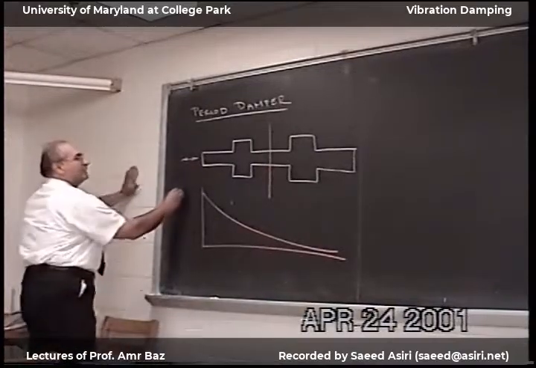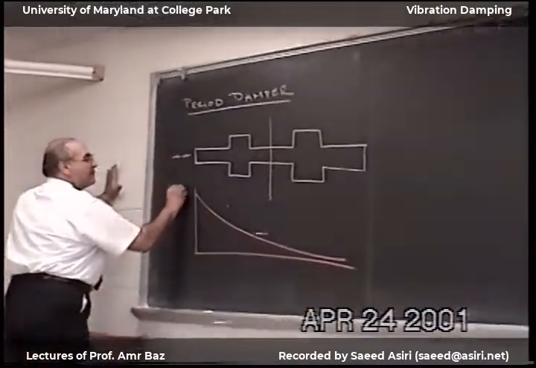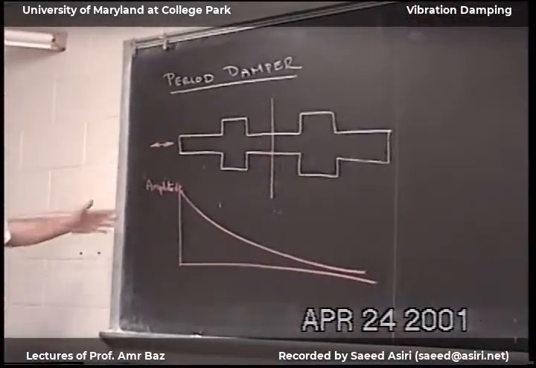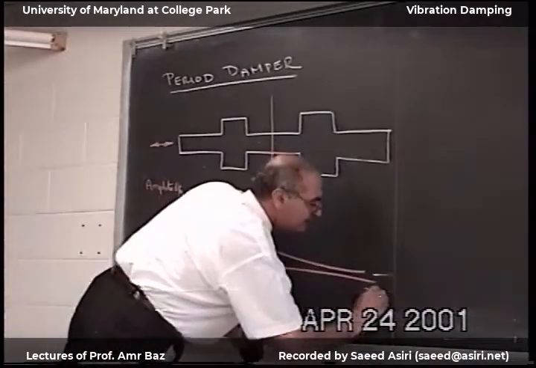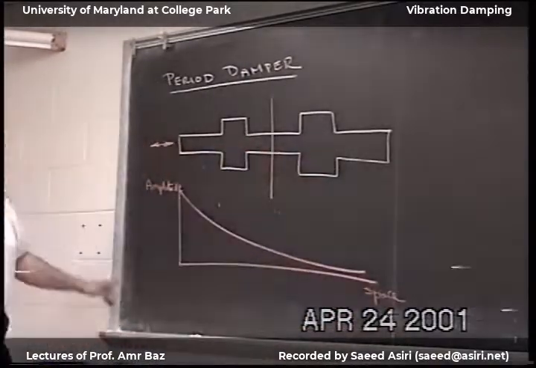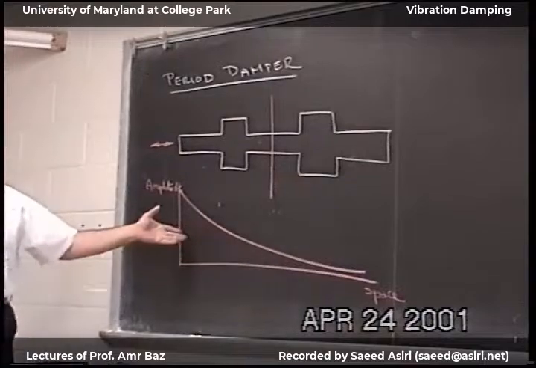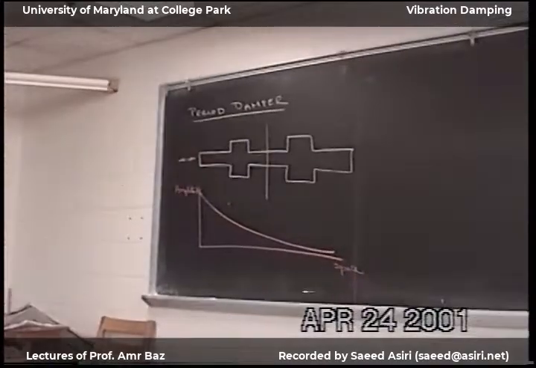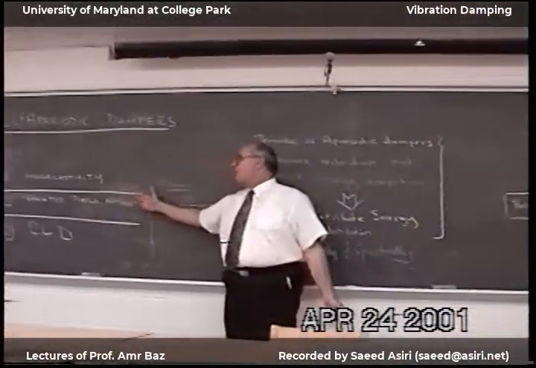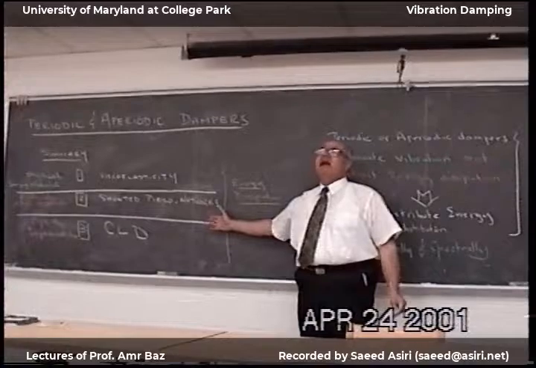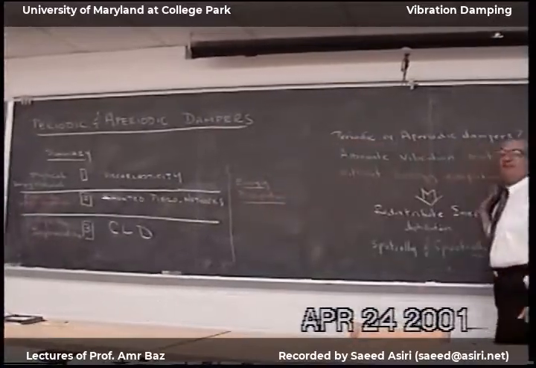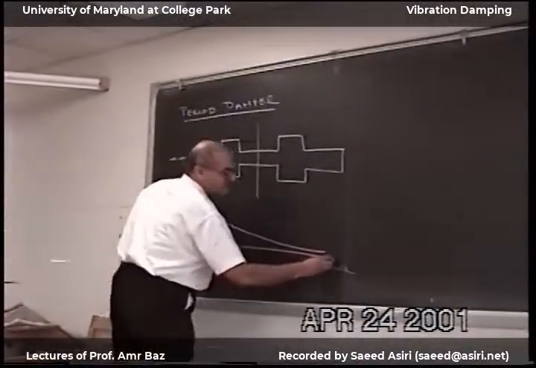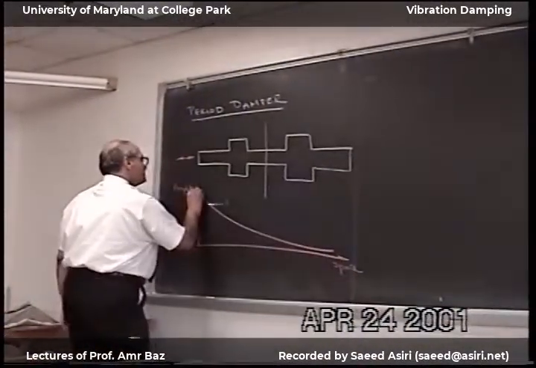So this is amplitude, for example, of pressure or of energy, and then this is space. So I'll have this characteristic. This characteristic looks like what a regular viscoelastic damper or regular shunted piezoelectric material does. It does not have energy dissipation, but it looks like an attenuation.